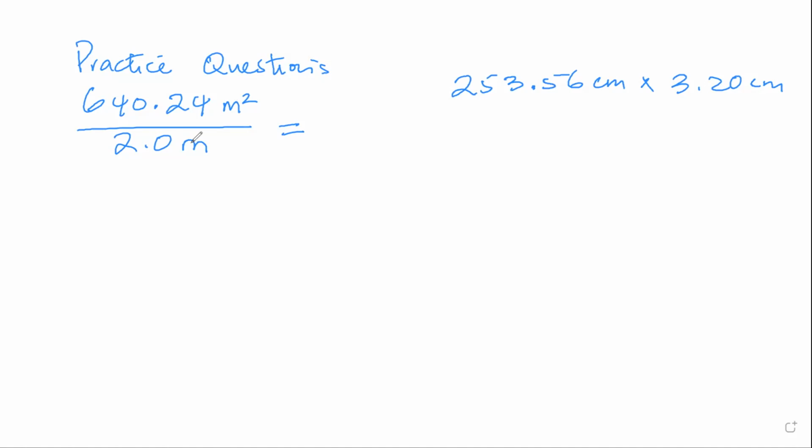So we first of all do 640.24 divided by 2.0. We will be getting 320.12. But then we look at the significant figures here. This is 5. This is 2.